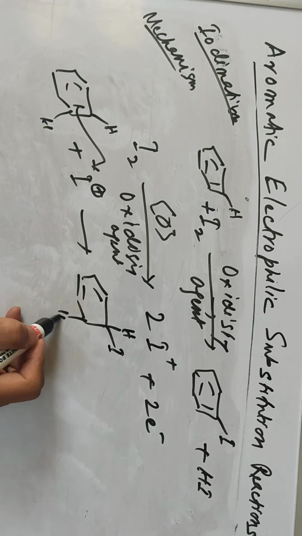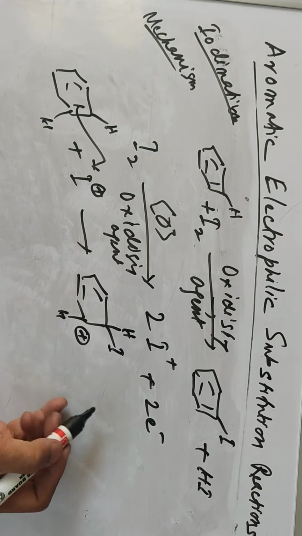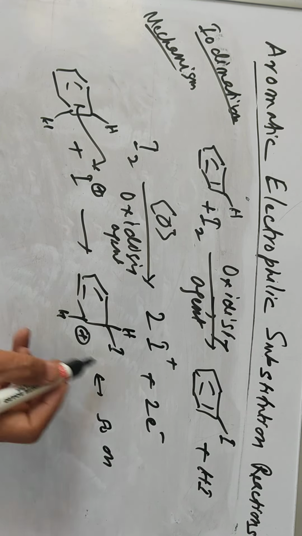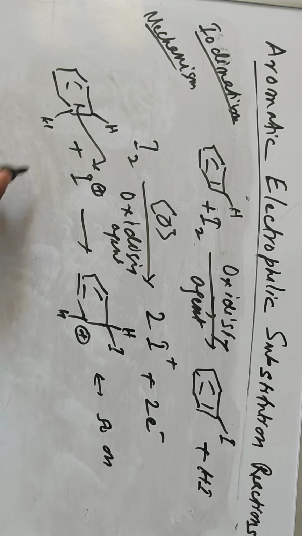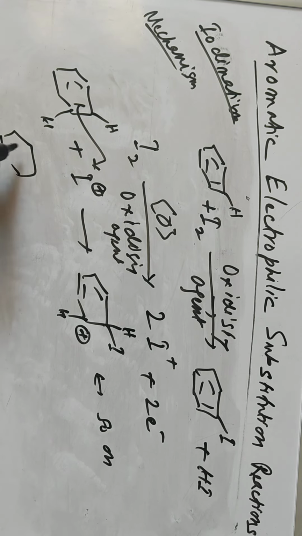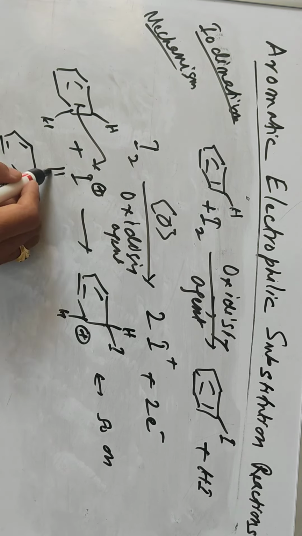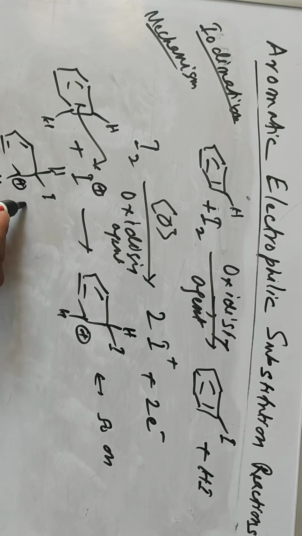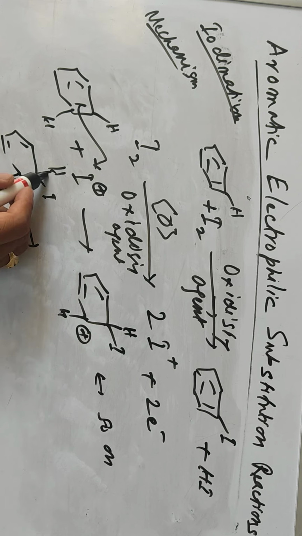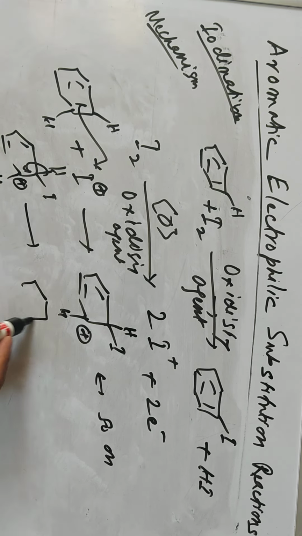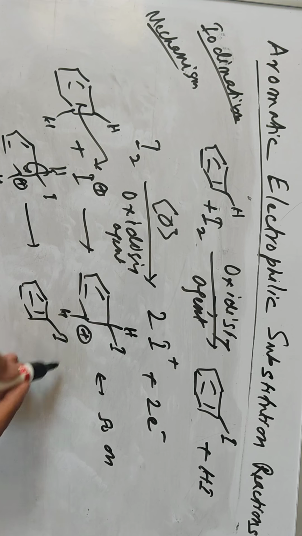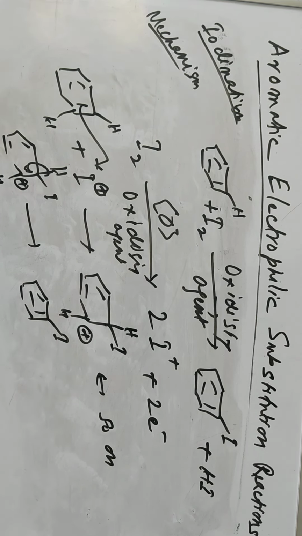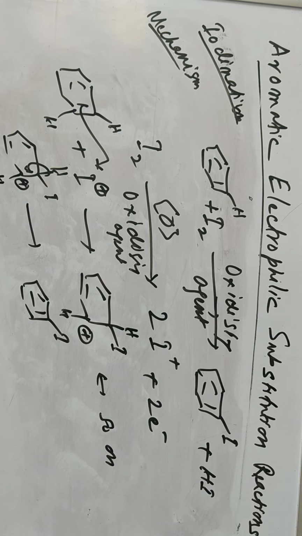Like the earlier case, it delocalizes the double bond. Then finally there is loss of a proton by a base, so we get the final product, iodobenzene. So this is a bit different compared to earlier cases. We have discussed this one, so this is for halogenation reactions.